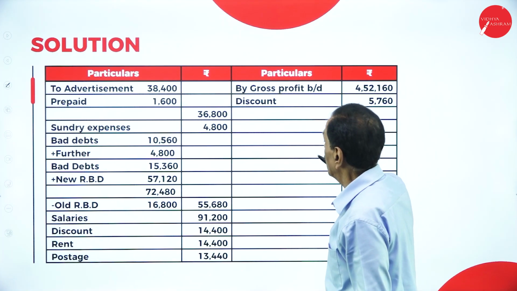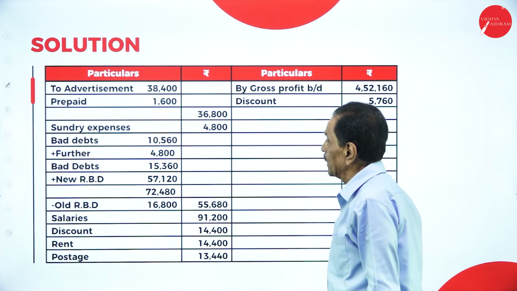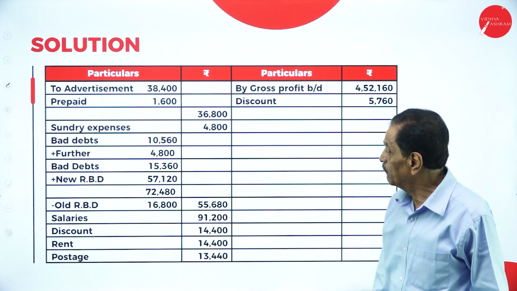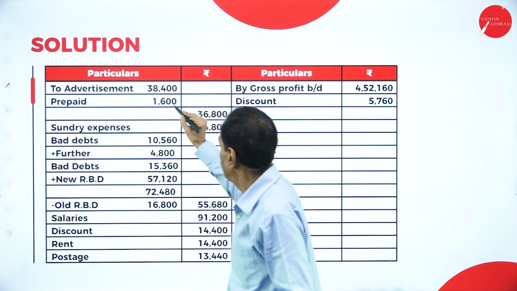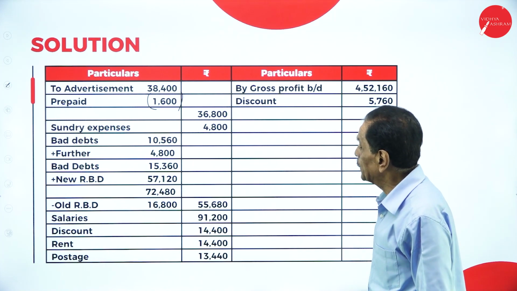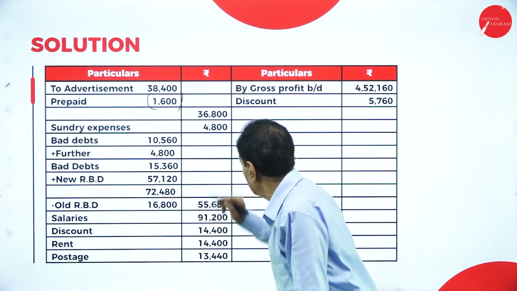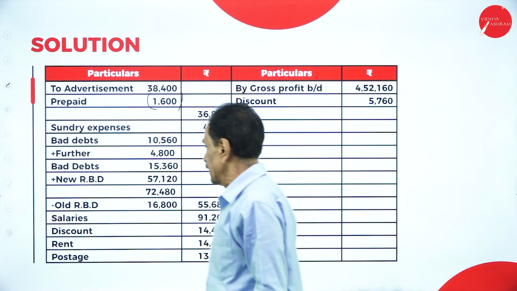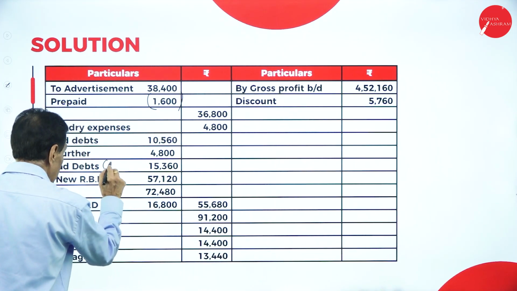Gross profit brought down. Discount received is 5,760. Advertisement 38,400 minus prepaid 1,600. It becomes 36,800. Sundry expenses, profit and loss account. Bad debt, add further bad debts total.